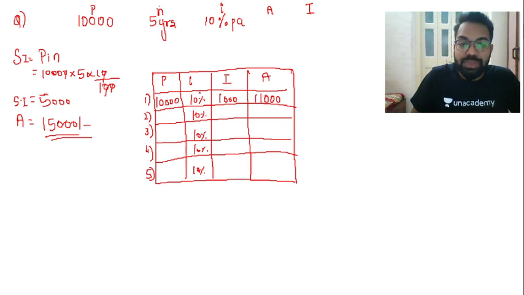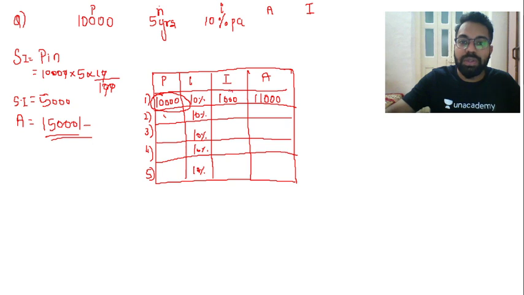This is the concept of compound interest, where the interest that you earn at the end of every period becomes part of your principal. Your new principal is the original principal plus the new interest that you earn, and for the next year the interest is calculated on this new principal.